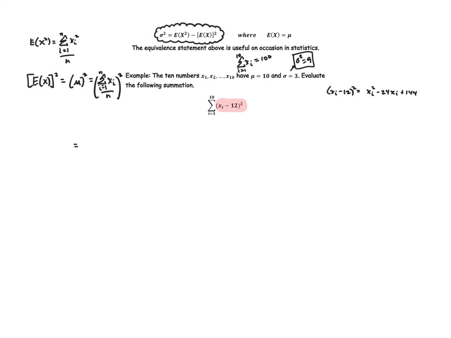So this would be equivalent to the summation from i equals 1 to 10 of x_i squared, minus, I'm going to pull this constant 24 out in front of the summation, i equals 1 to 10 of x_i, plus the summation from i equals 1 to 10 of 144.